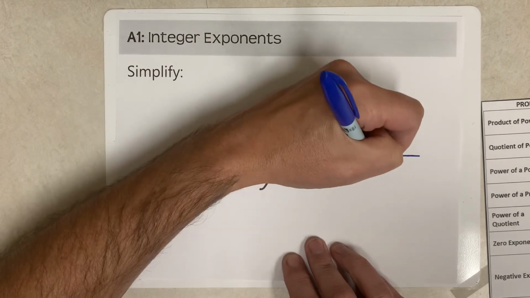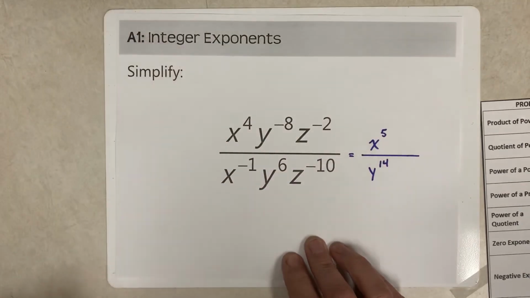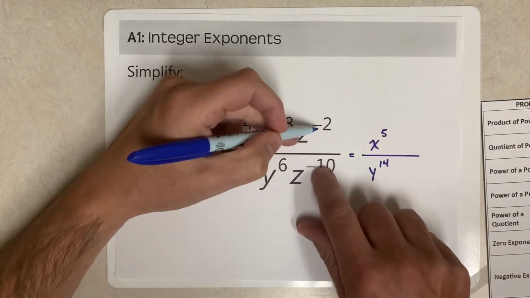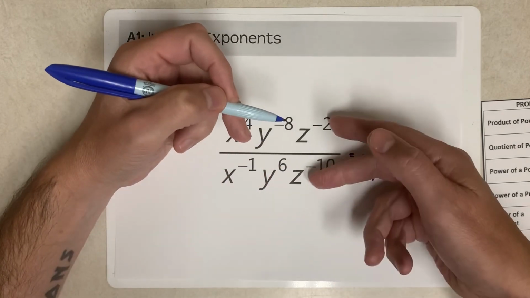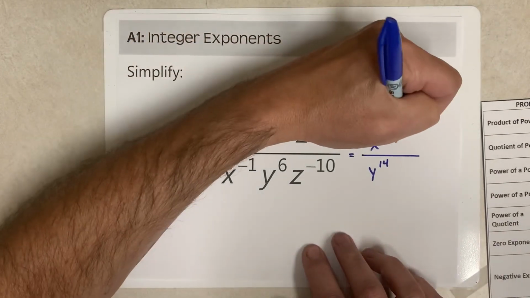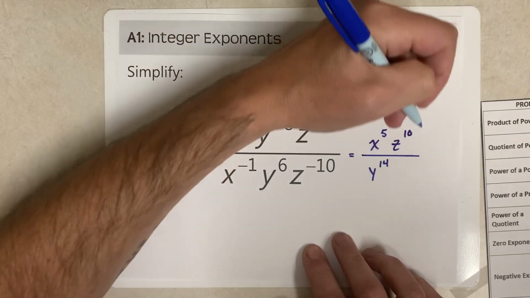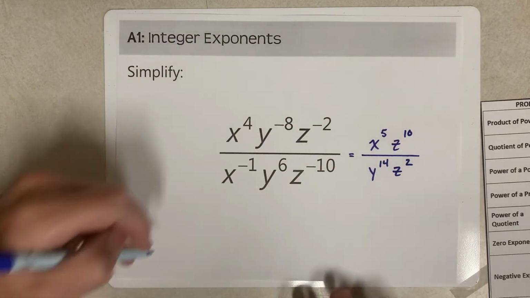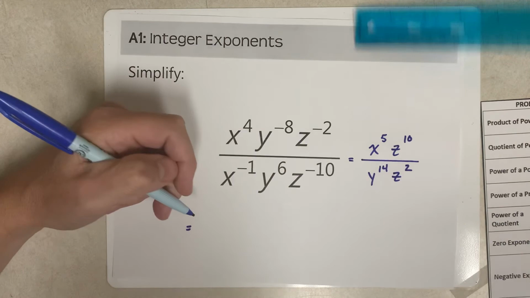So I'm going to have 14 y's down below, because these are going to drop down. These 2 z's are going to switch places. I'm not quite sure if we can handle switching places and simplifying at the same time. So I'm going to flip them. I'm going to put z to the 10th up here and z squared down here, and then I'm going to handle that in my next step. So equals.